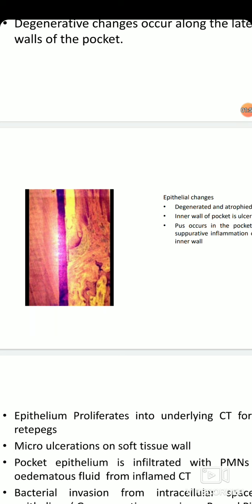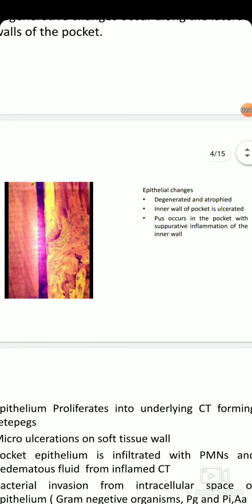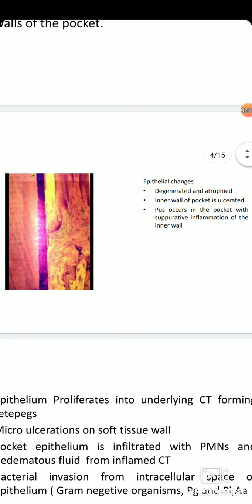In the inner wall of the pocket there is an ulceration, which you can notice in this particular picture, and the pus occurs in the pocket with suppurative inflammation of the inner wall of the pocket.